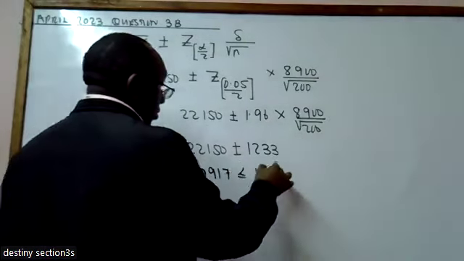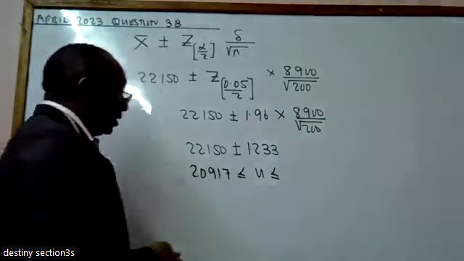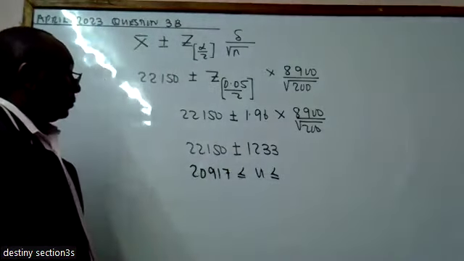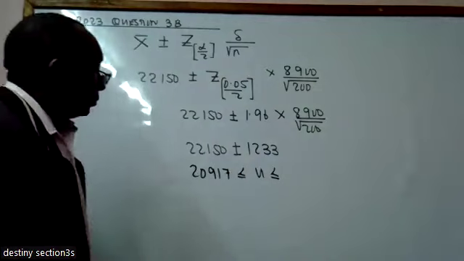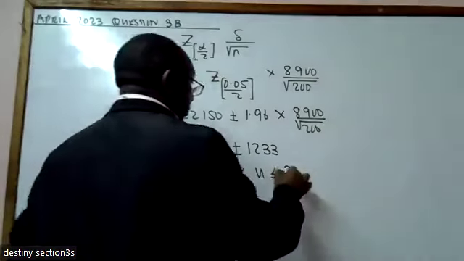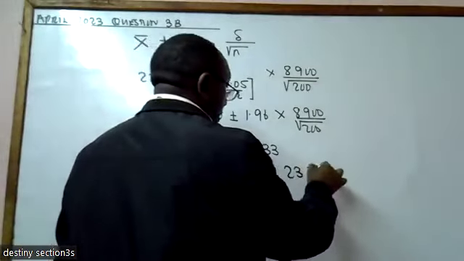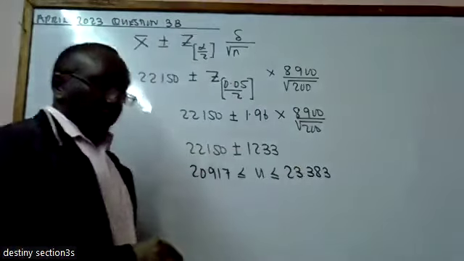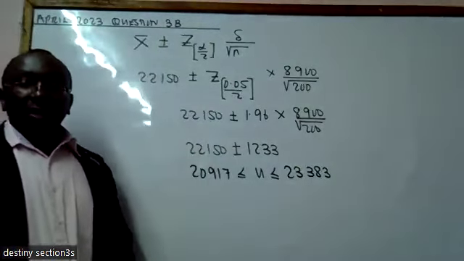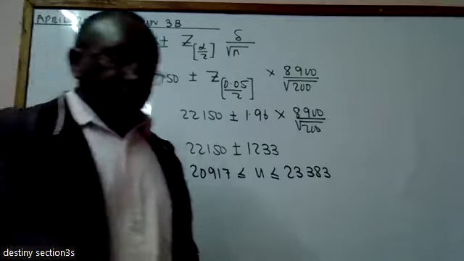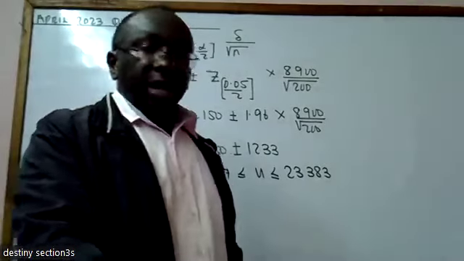This is the lower limit. And when you add, 23,383. Good. So that is the confidence interval that we have there.